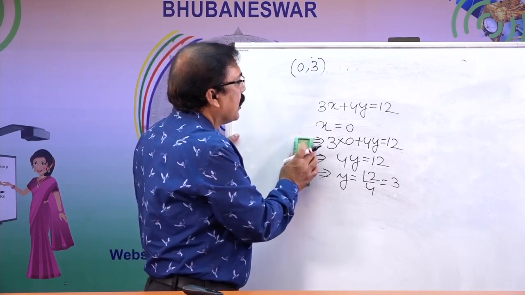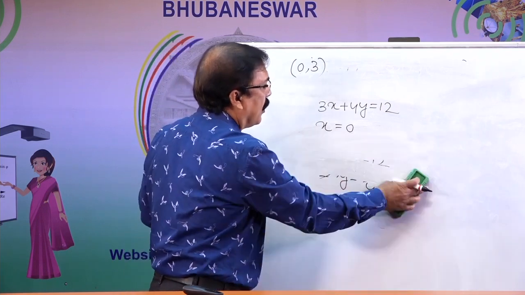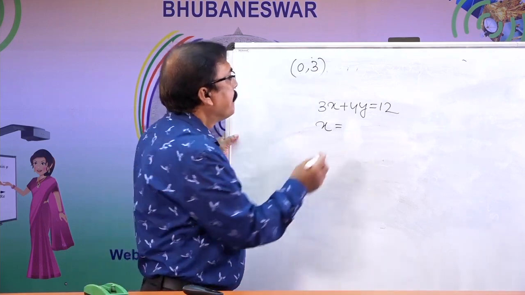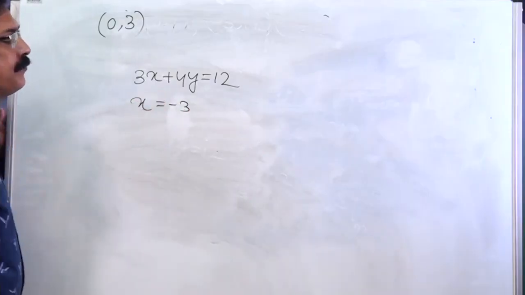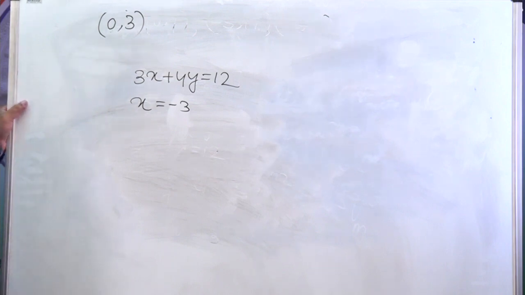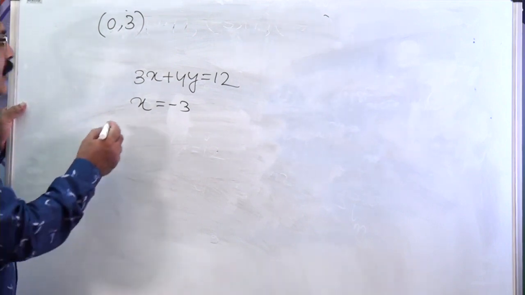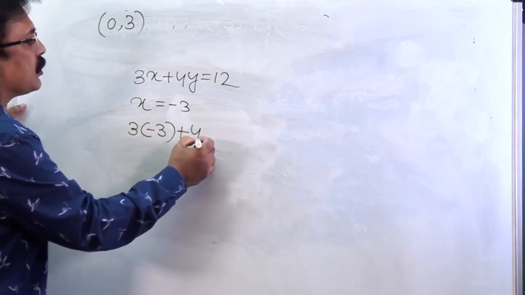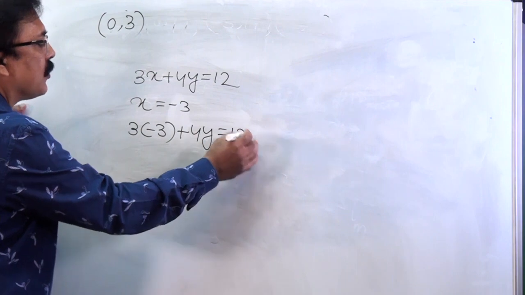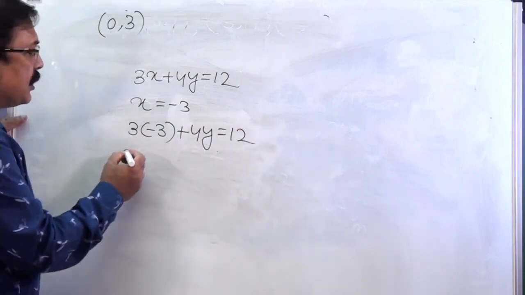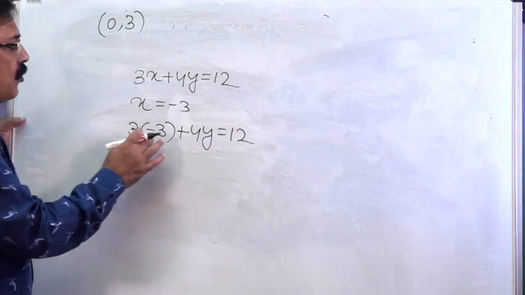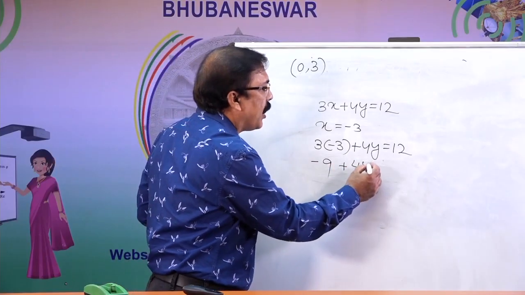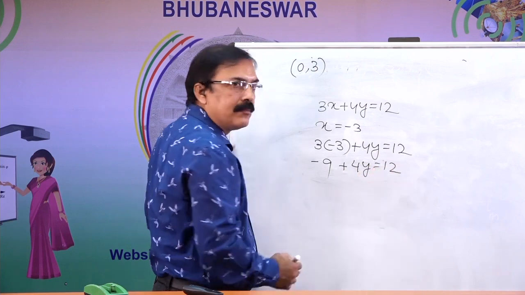Now take another value of x, say minus 3. If we put the value of x as minus 3, what happens? Let's see. 3 into minus 3 plus 4y is equal to 12. 3 into minus 3 gives minus 9, plus 4y is equal to 12.